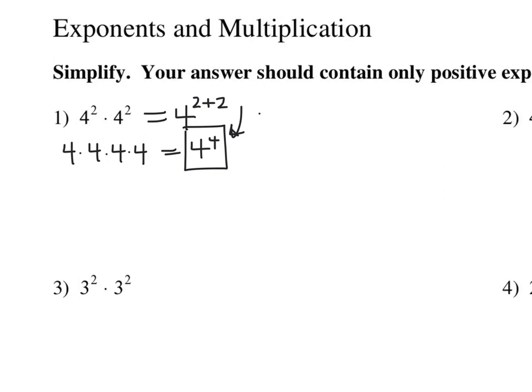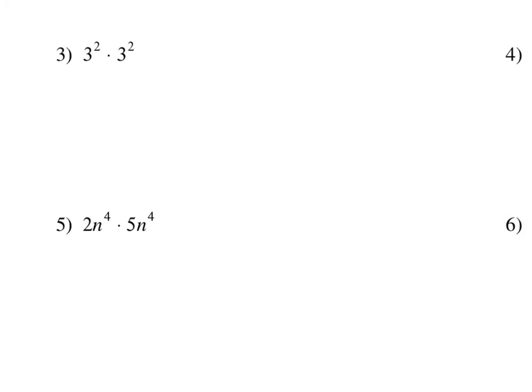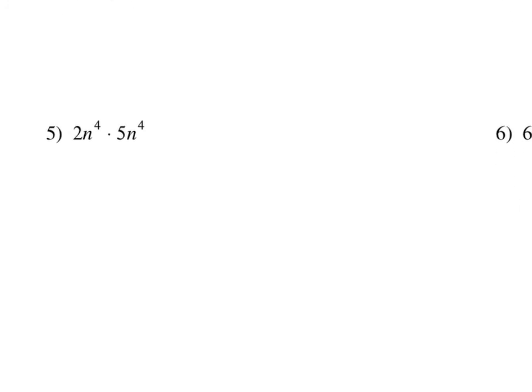So one more that I would like to do with you is number 5. So number 5, we have some integers in there. We have a 2 and a 5, so I'm going to rewrite those. I'm just grouping like things together, and the 2 and the 5 are just numbers. They don't have any exponents, so 2 and 5 are just the base.